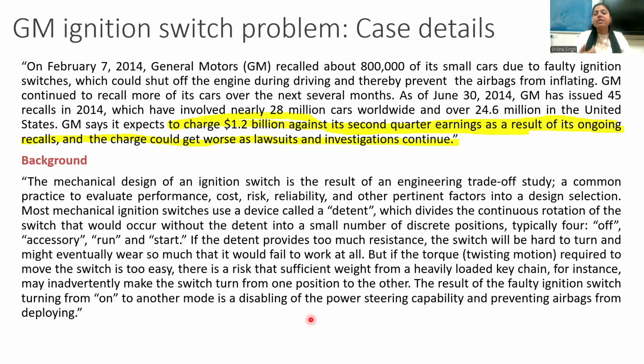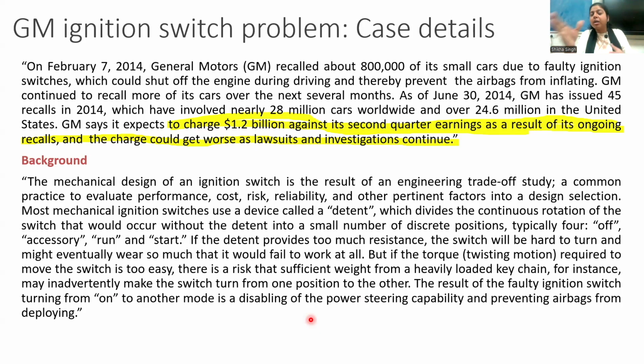Just imagine someone driving a car at a speed of 70, 75 on the highway, and suddenly the car engine gets switched off, and there are multiple people driving around you in huge traffic. Just imagine what kind of jerk and what kind of injuries can result, not only to the person who is in the car.